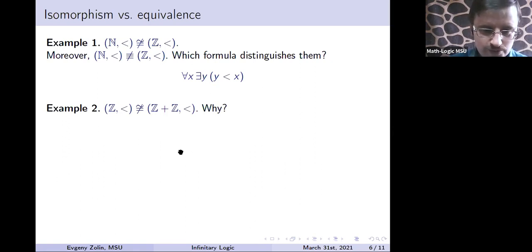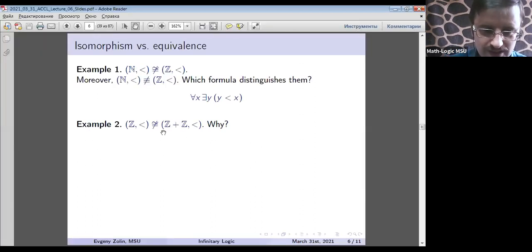For any two linear orders, we can take their sum, their disjoint union, and order them so that we have a first component like Z and the second component that is isomorphic to Z. Let me show this on the picture. And we can even draw on this picture.